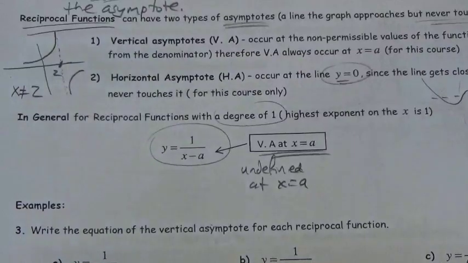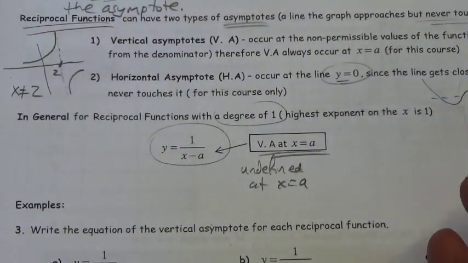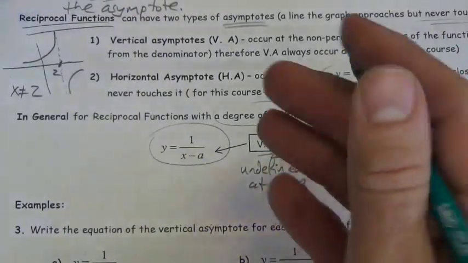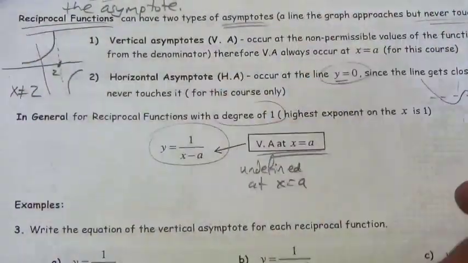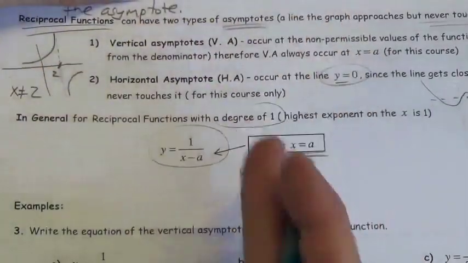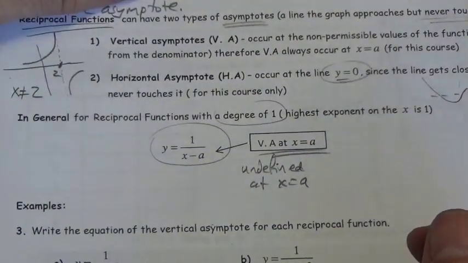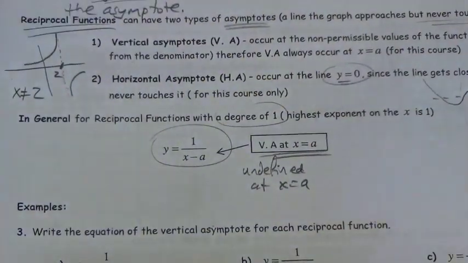And if it helps to think of it like this, in Math 10, when you were learning about lines, you learned that the slope of a vertical line is undefined. Well, that's essentially what we got going on here. It's undefined at x equals a. We've got this vertical line right through there, x equals a, and that's my asymptote. Right? Anyway, let's take a look at some examples here.